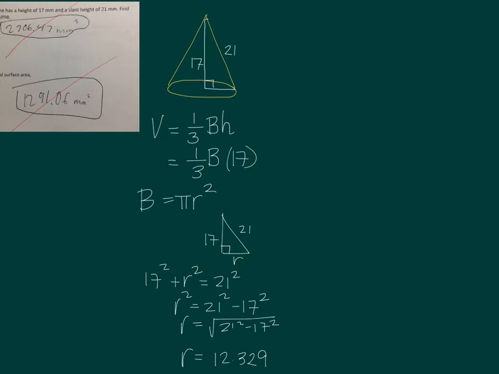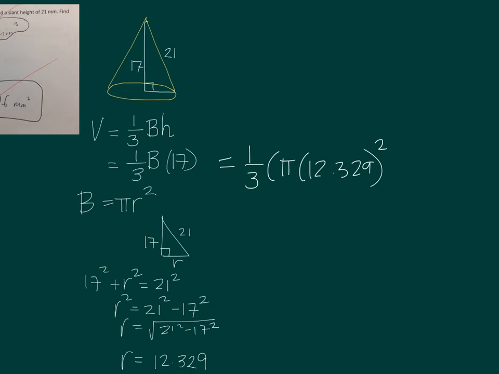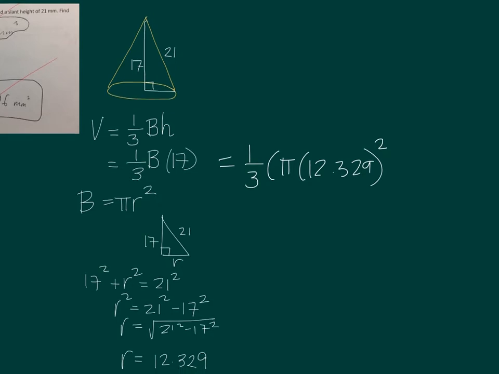Going back to this step, 1/3 times the area of the base, which is the circle pi r squared, in which the radius is 12.329, so this must be squared, and then times the height of the cone, which is 17.